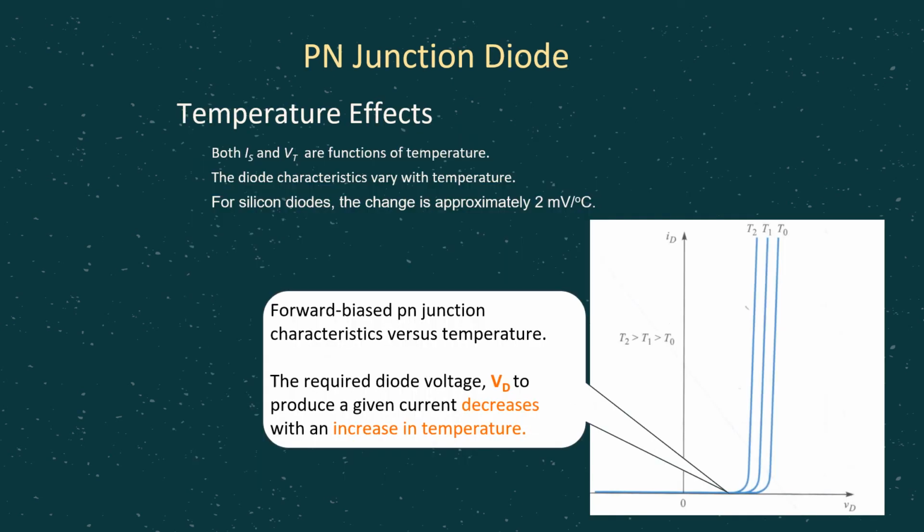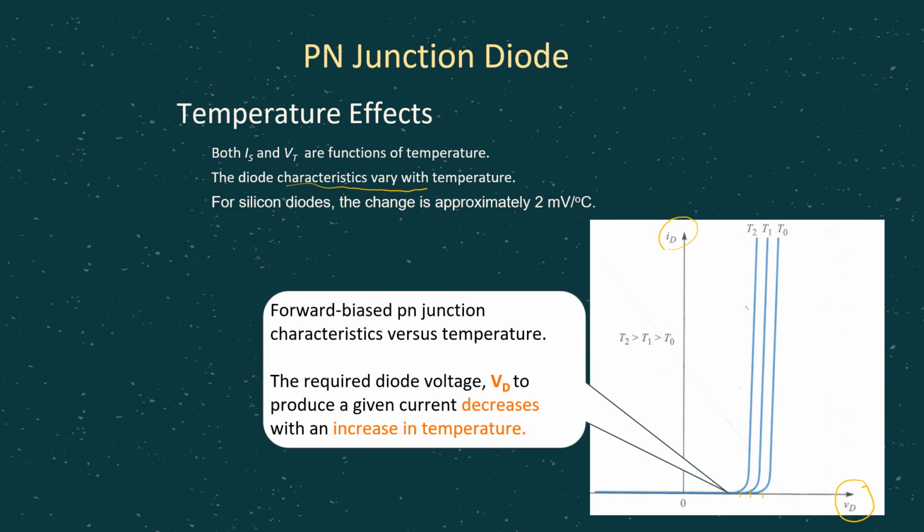Another thing that I need to highlight in relation to this IV characteristic of the PN junction diode is the temperature effect. It means that this diode characteristic may vary with temperature. Remember we are talking here about the V gamma or VBI value, where the carriers need to obtain a certain voltage in order for them to cross the junction, to cross the depletion region.